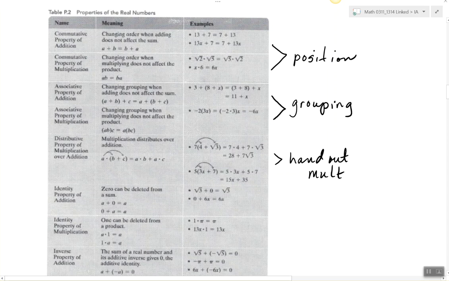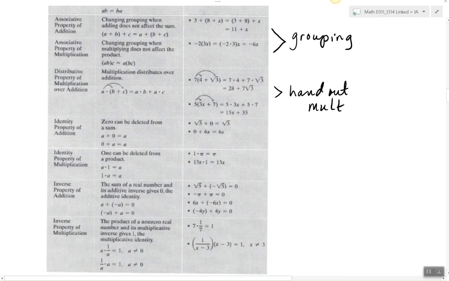You just need to be careful with your signs. The identity property of addition, the identity element of addition is 0. If you add 0 to anything, you get what the anything is. The identity property for multiplication says that if you multiply by the number 1, you get what you started with.